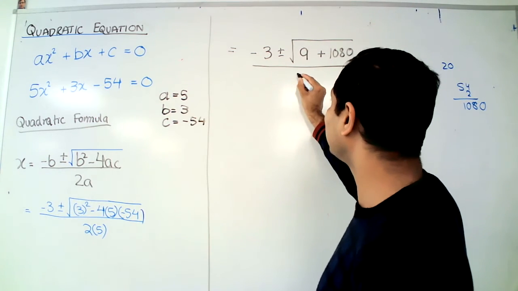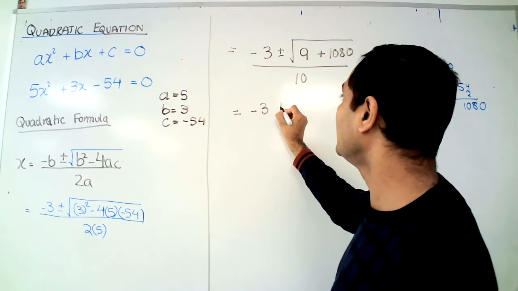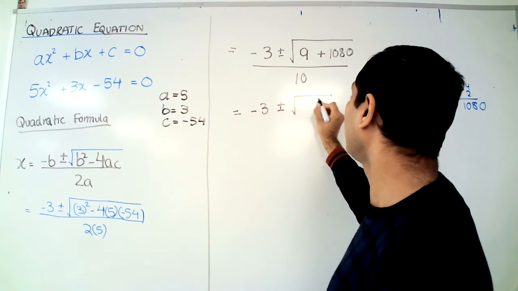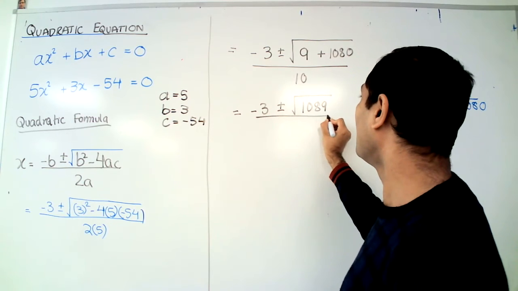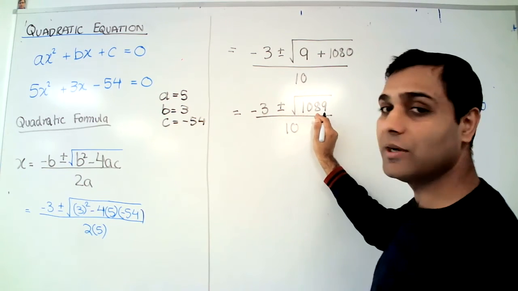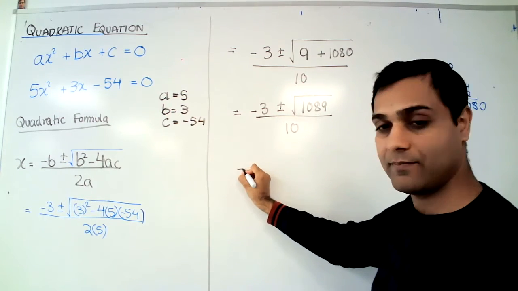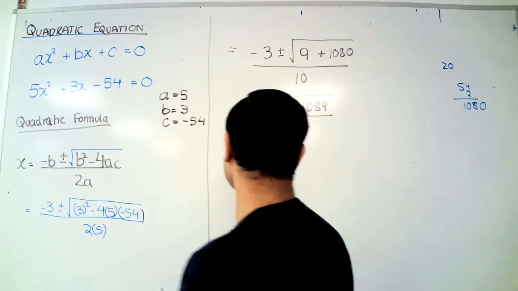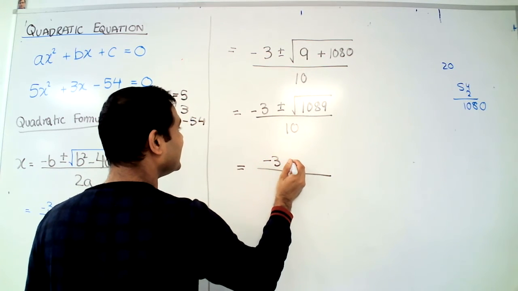Divided by 10, which will be minus 3 plus or minus the square root of 1089 over 10. Can someone do the square root of 1089, please? 33.